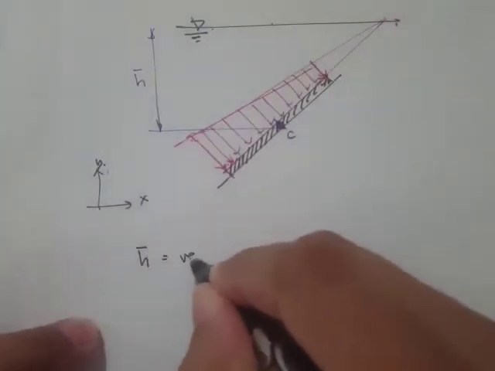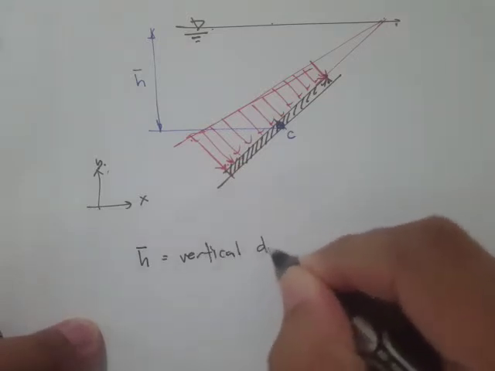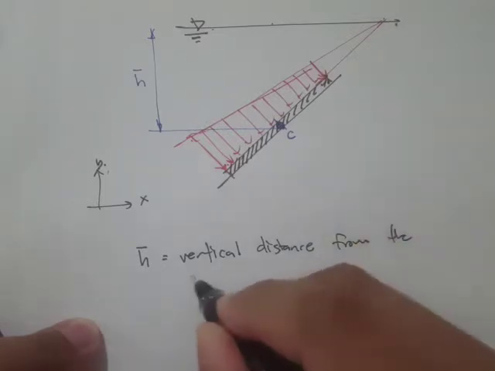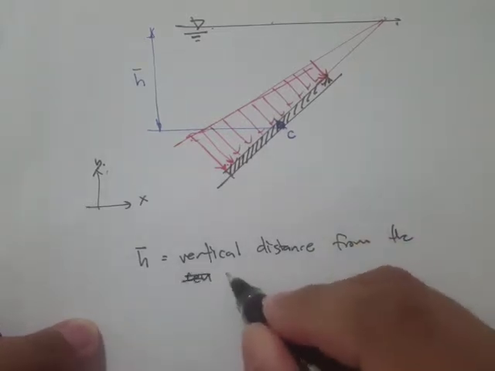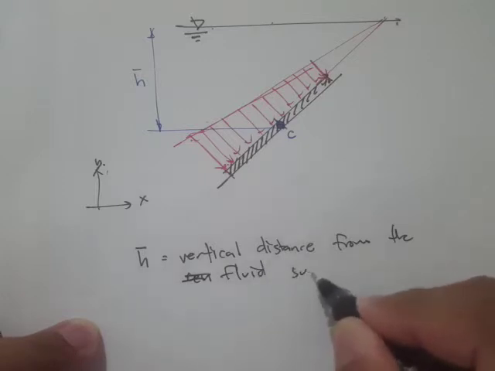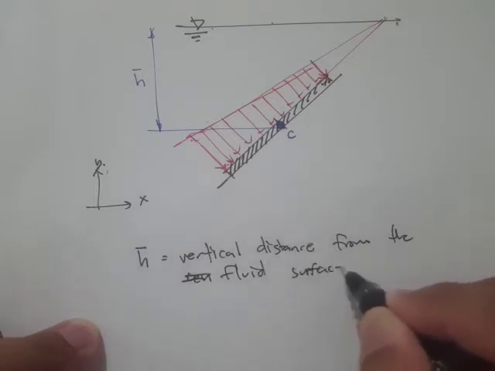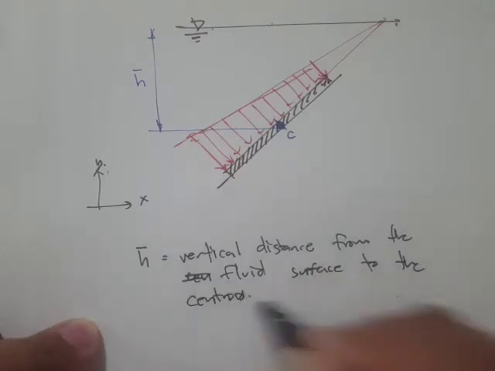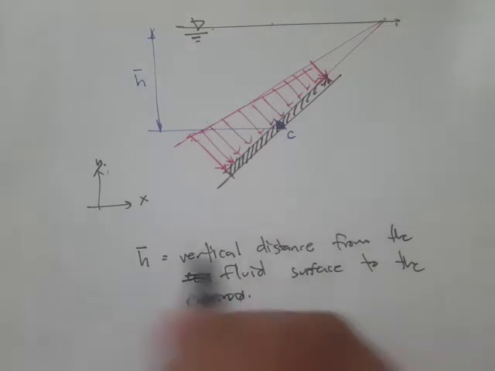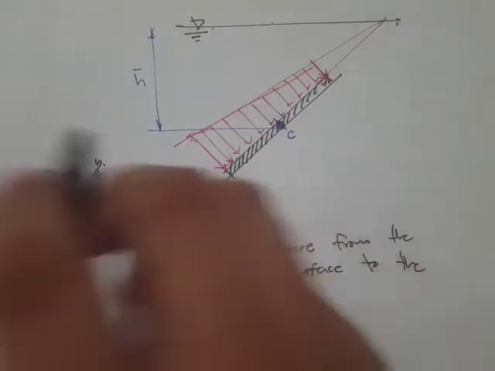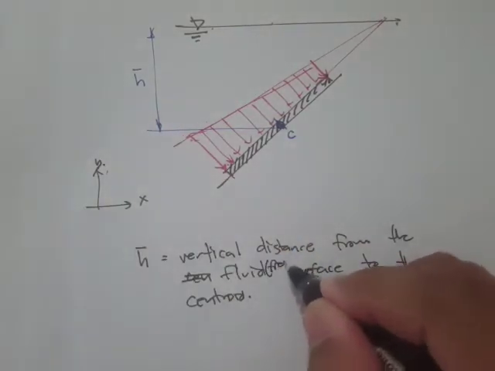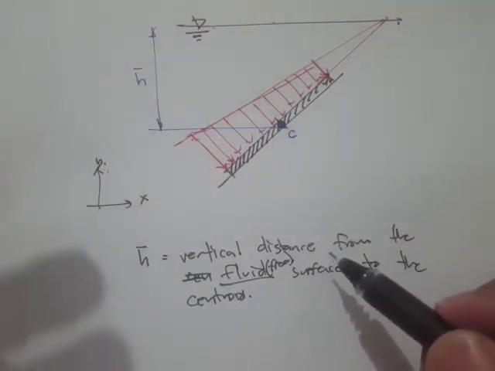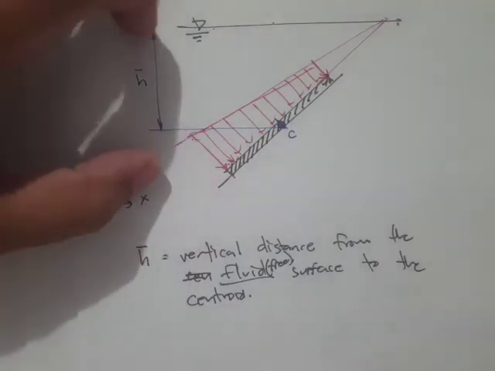H bar is the vertical distance from the centroid to the free surface, referring to this surface that's exposed to the atmospheric pressure.